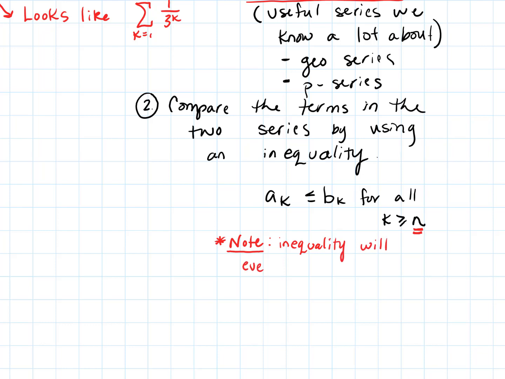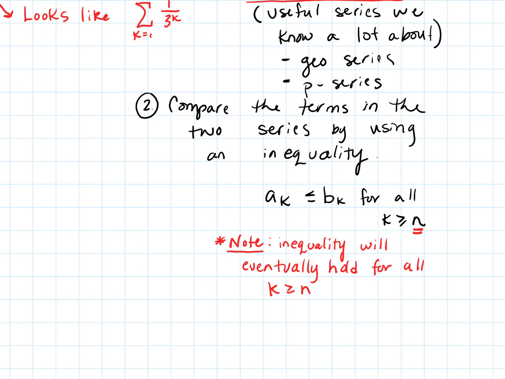This idea of eventually, it might not happen always, it might not happen until you get to the 100th term, but as long as this inequality eventually holds, then we can apply the comparison test. Okay? So that's a little side note. It might be that it's true always, but it could be that it takes the first 5 terms until that inequality holds, and then it holds after that.